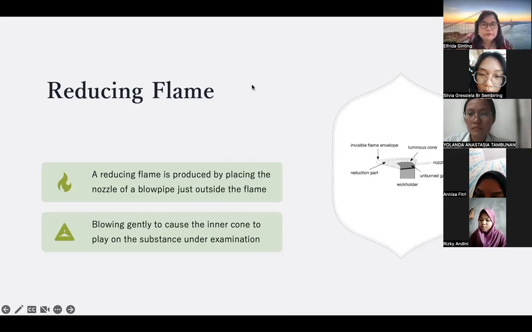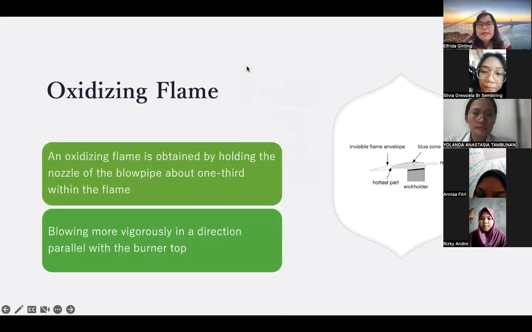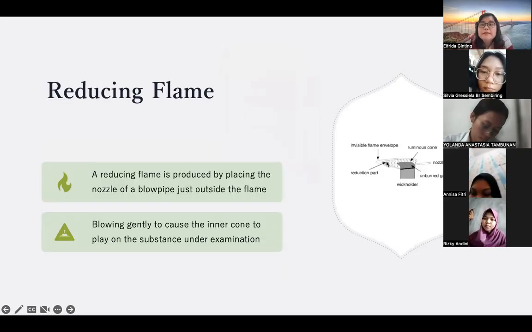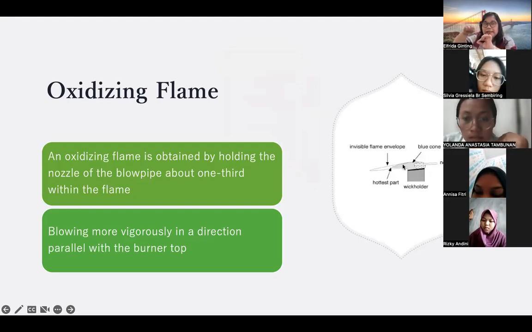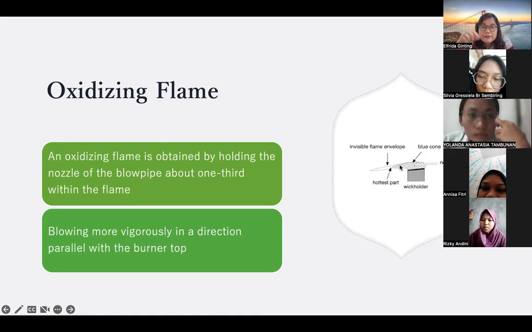Okay, finished? Now, next, you can see here the reducing flame is this part, and the oxidizing flame is the inside part. The hottest part of the Bunsen flame is the one inside here, and the color will be blue.